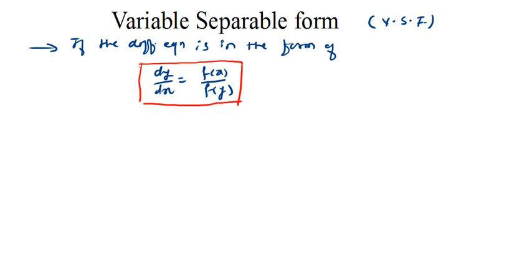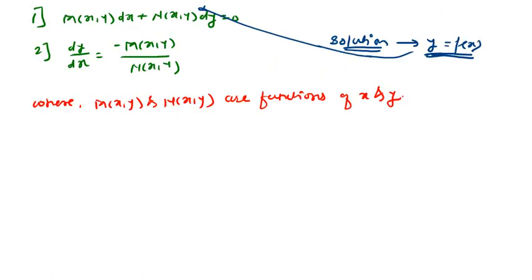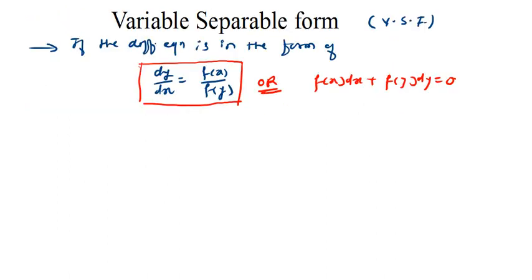Or if it is like this: function of x dx plus function of y dy is equal to 0. If you see the previous case, M(x,y) and N(x,y) are functions of x and y. But in this case we have f of x and f of y, not functions of x and y together.